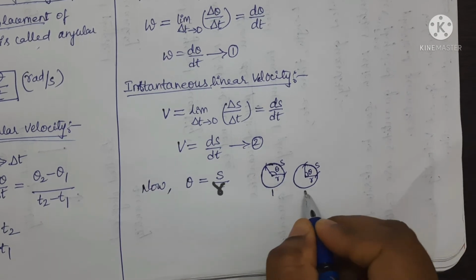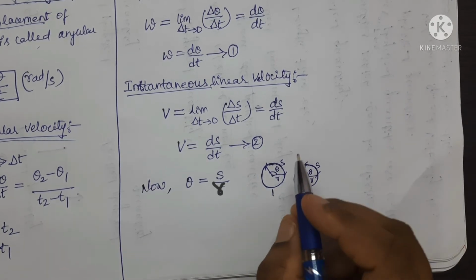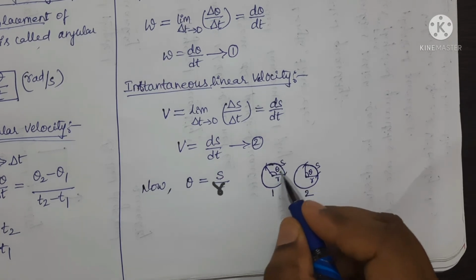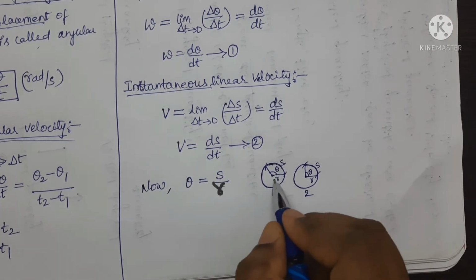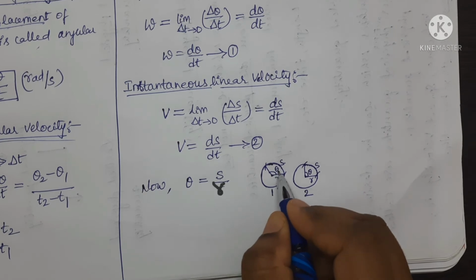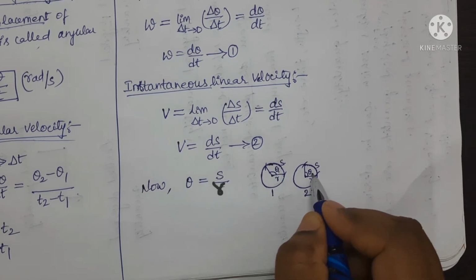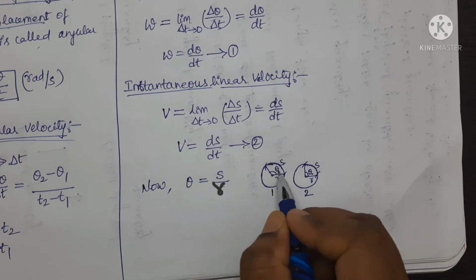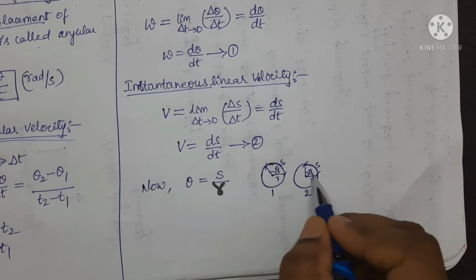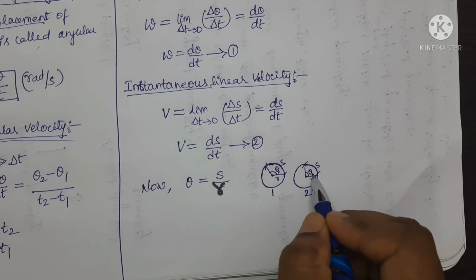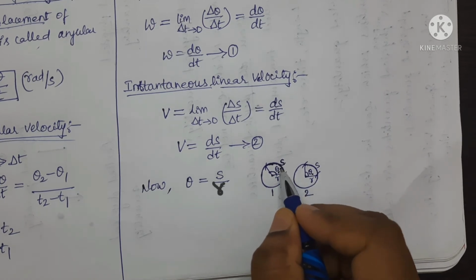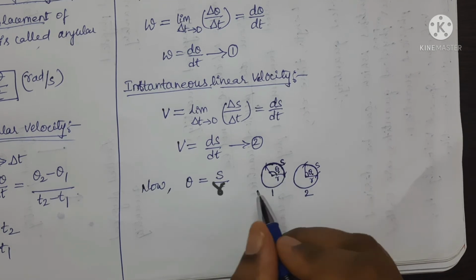From circles 1 and 2, it is clear that angular displacement and the arc length are dependent, because here theta is large and here theta is very small, when compared to circle 1. Here the arc length can also be called linear displacement.